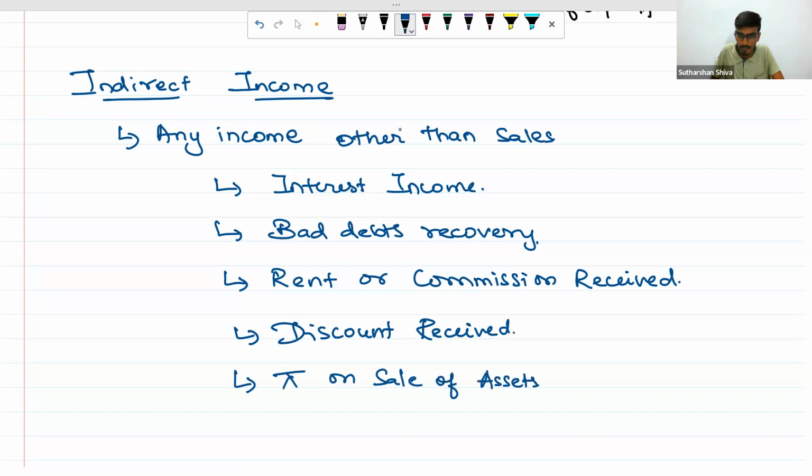Profit on sale of assets is an income other than sales.